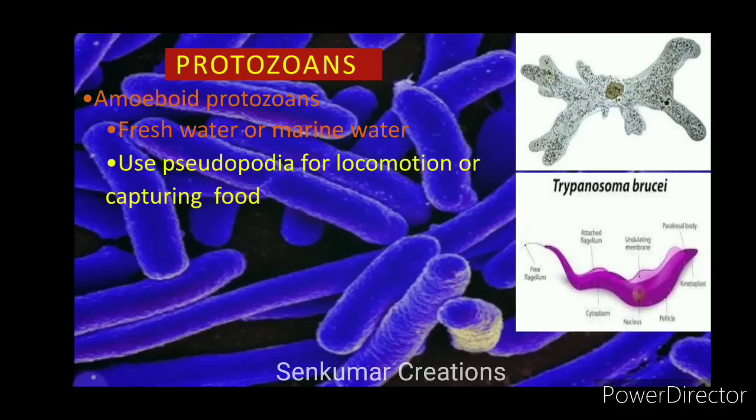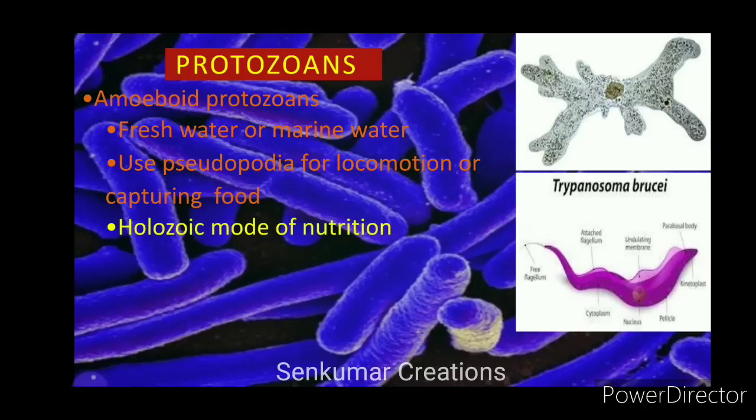It is used as a leg, but it's not a leg, so it is called pseudopodia. This pseudopodia is mainly used for locomotion. And the holozoic mode of nutrition takes place here. Holozoic means engulfing or phagocytic. We have seen phagocytosis, right? Engulfing the food substances is called the holozoic mode of nutrition.